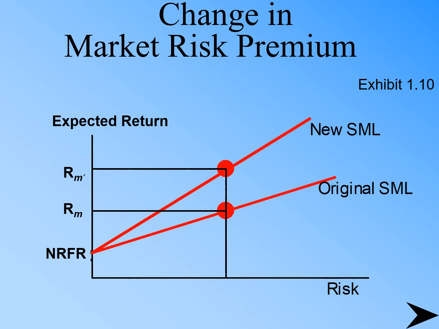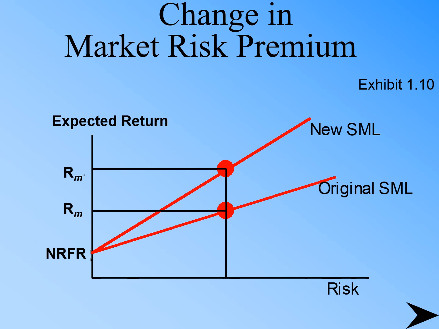So when there is a change in the slope of the SML, it occurs in response to the change in the attitudes of investors toward risk. So such a change demonstrates that investors want either higher or lower returns for the same risk. And the change in risk premium will affect all risky investments in the market portfolio.